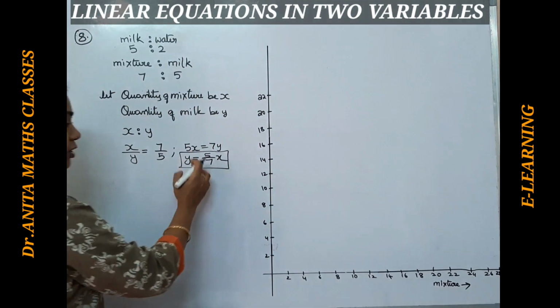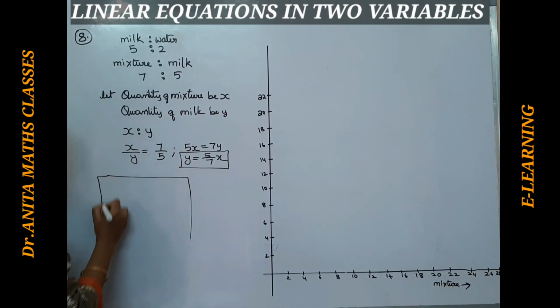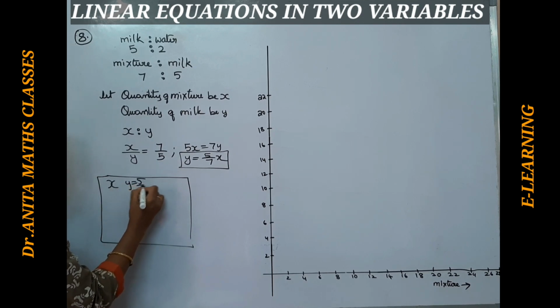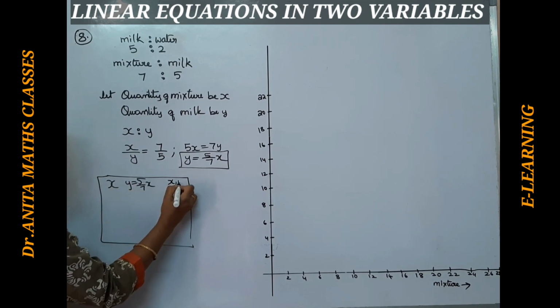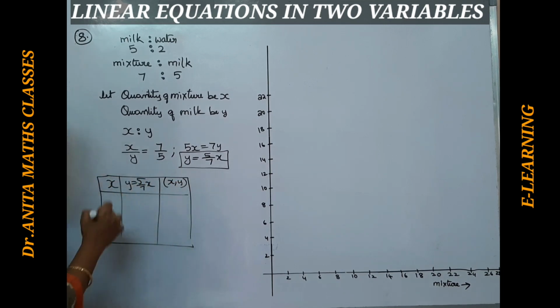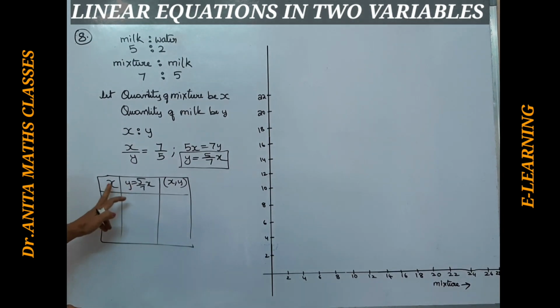For this, if you want to plot the graph, we need to draw the tabular column. So let's take x, y equal to 5 upon 7x, where x comma y is the point. Such points of x we should not take as 1, 2 and so on, because we have to get y as some quantity, not a fraction.